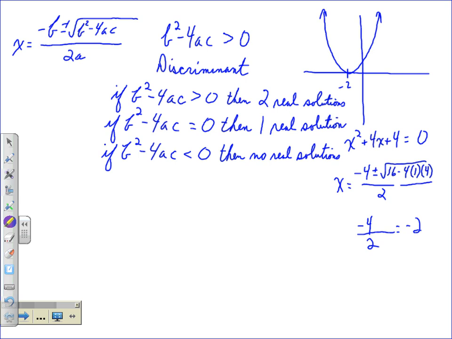We have a parabola. And what can you tell me about the parabola that has no real solutions? It doesn't hit the x-axis. It's up in one of the quadrants, or maybe it's below. It doesn't mean that it doesn't have solutions. It does have solutions, but they're not real.